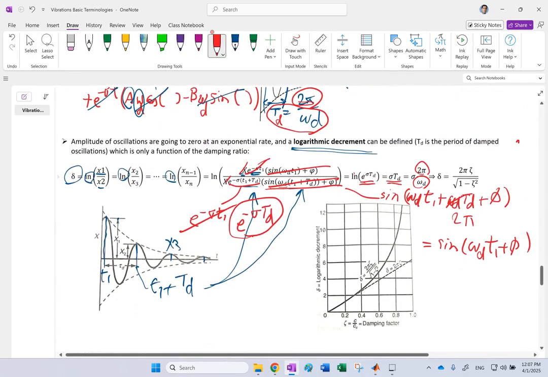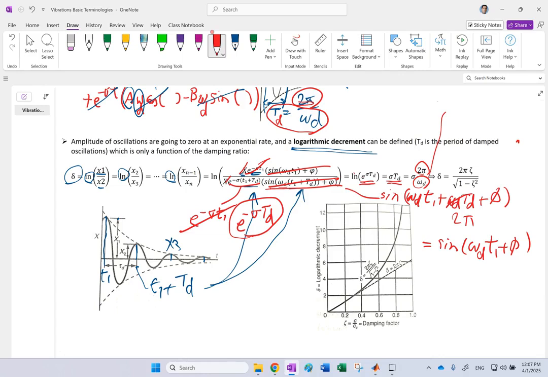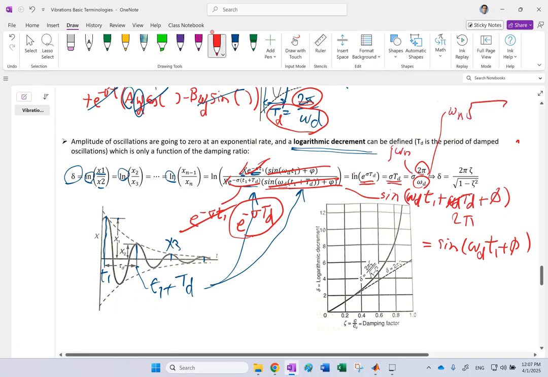So if you plug it in here, for that omega d, let's make sure. So sigma td, that's right. This sigma itself is zeta omega n, and omega d is omega n square root of 1 minus zeta squared. So those two omega n's would cancel because one is in the numerator, one is in the denominator.